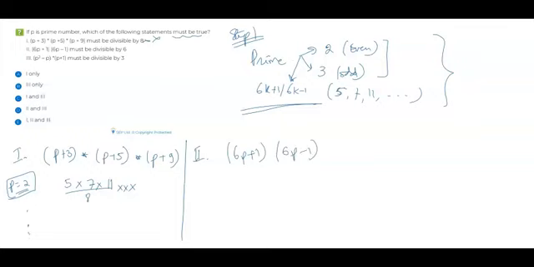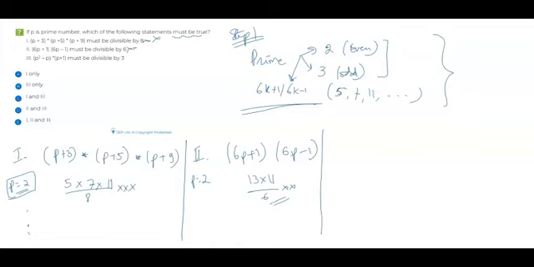Since p is a prime number, I can start with 2. If I take 2, we get 13 and 11, and this is not divisible by 6. So here we're kind of lucky. In both the cases nothing worked out, so obviously even this is not true.